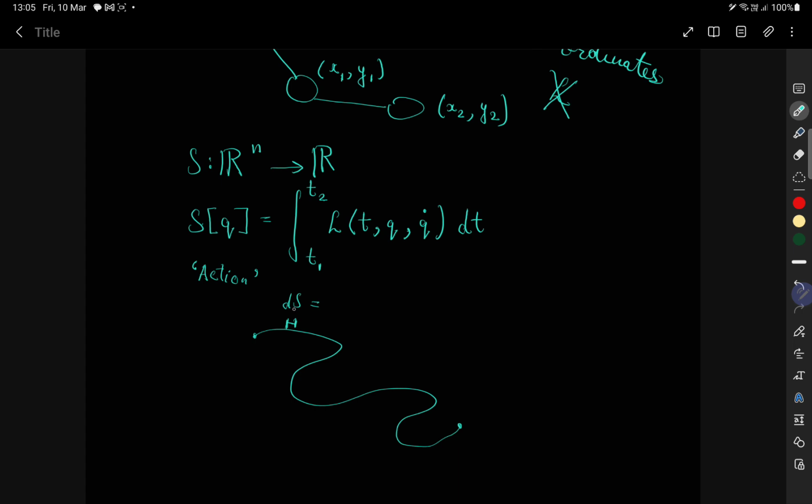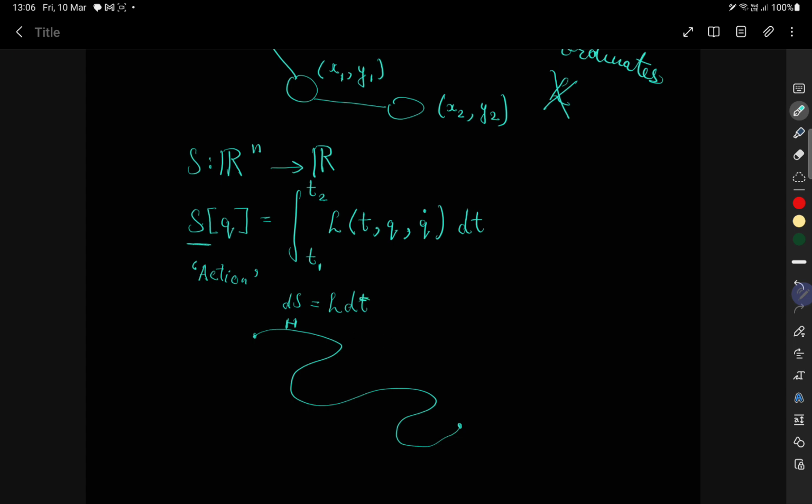So, dS would be a differential element of our quantity S, capital S, not small s, which is r. So this would be a little differential of action. The little differential of action is the Lagrangian times a differential in time.